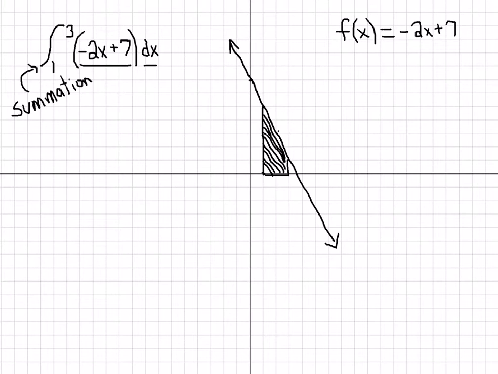As we've learned in previous videos, we can approximate by breaking this up into different subintervals and getting the area of rectangles, base times height, adding those together, and it gives us an approximate answer.